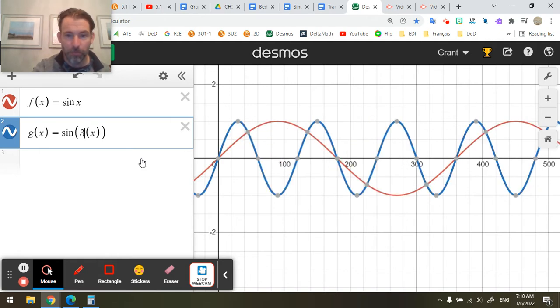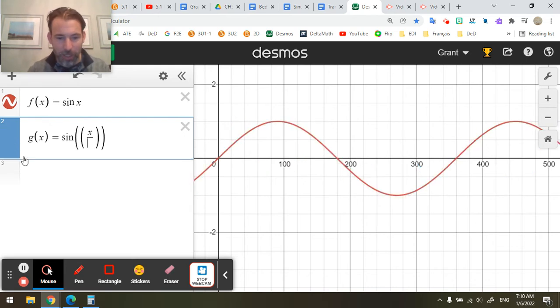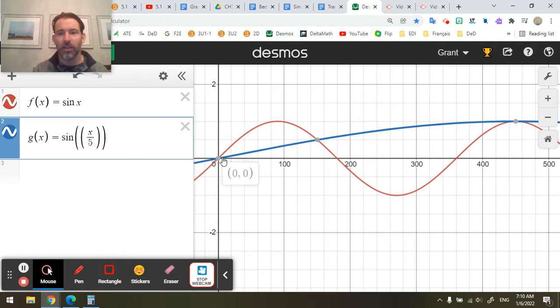Okay, let's try 3. 1, 2, 3 full cycles. Okay, let's put in over 5 like we had. Okay. We see a fifth of a cycle within 360 degrees. That's only a fifth of a cycle.